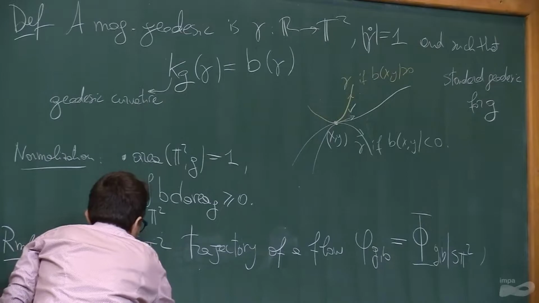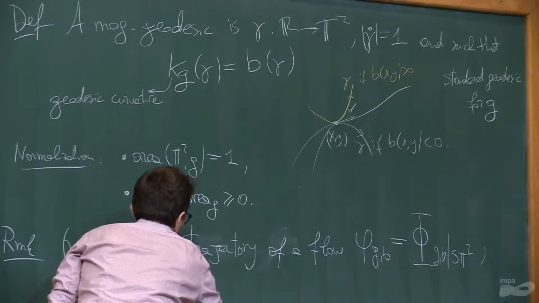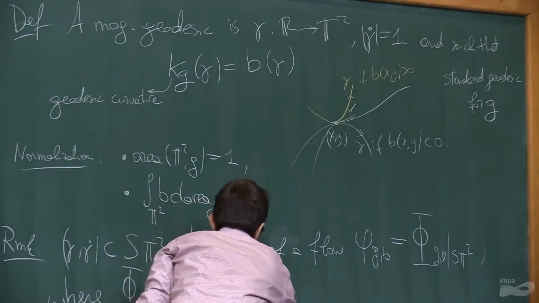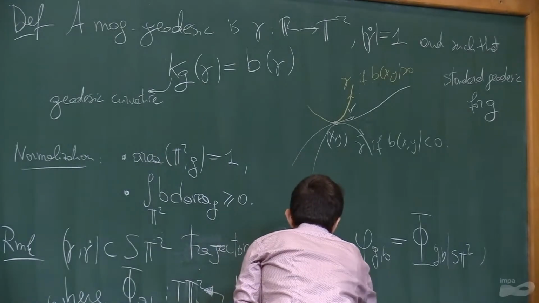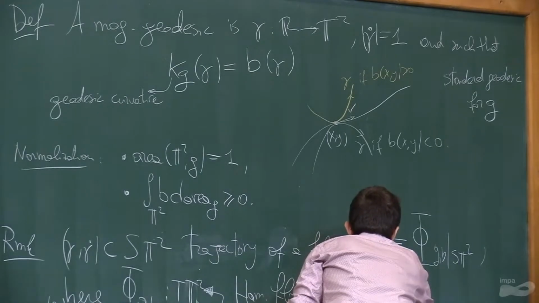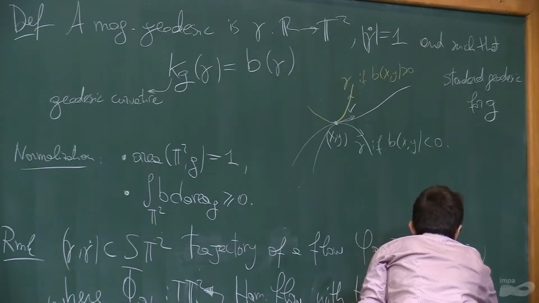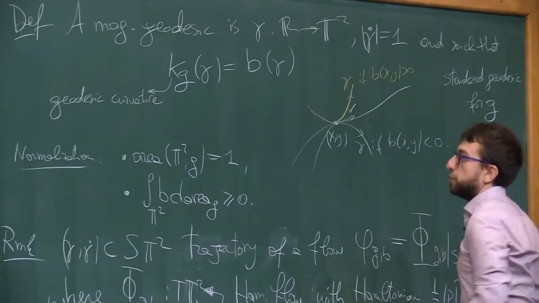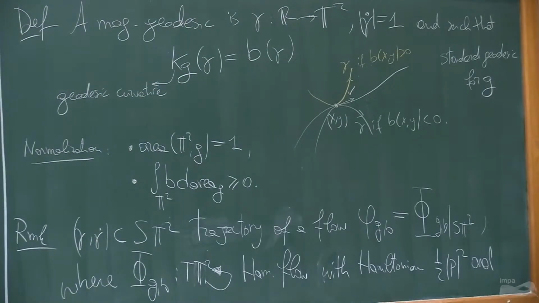where this is a flow on the whole tangent bundle, and as a Hamiltonian flow with Hamiltonian the kinetic energy, the kinetic energy 1/2 p squared, and the symplectic form, which is the twisted symplectic form. Let me write it here.